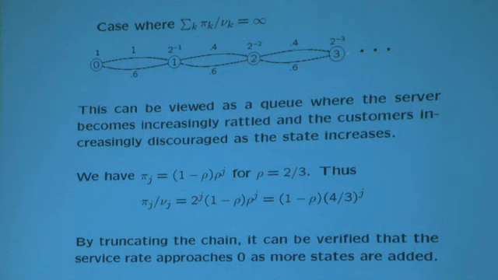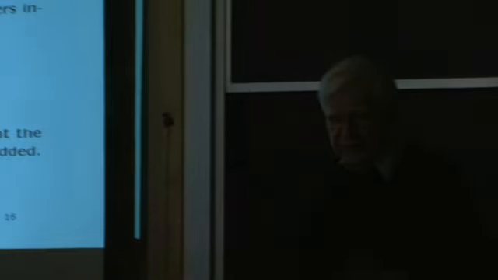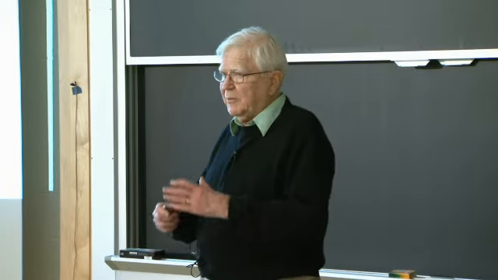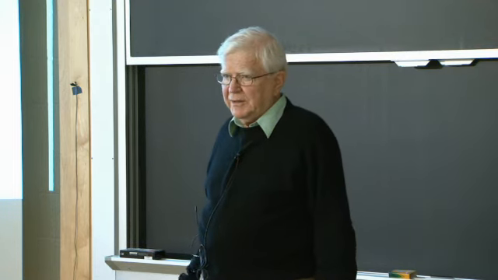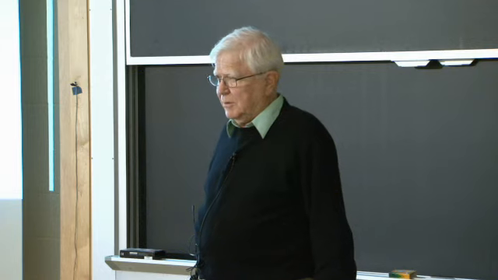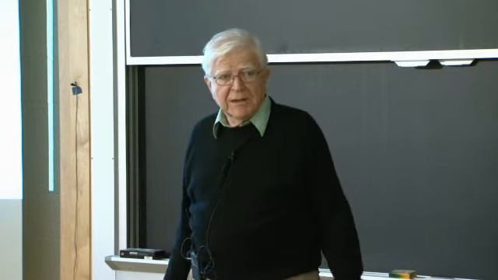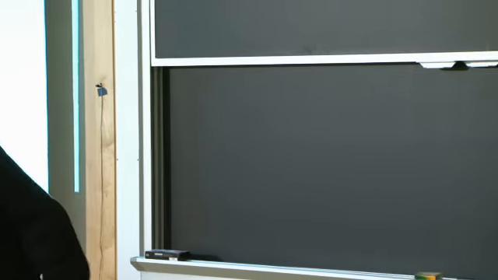What happens is that the rate at which this Markov process is serving things is going to 0. So that in the limit, as the number of states becomes infinite, the rate at which things happen is equal to 0. It's not pleasant. It's not intuitive, but that's what it is. And that can happen.